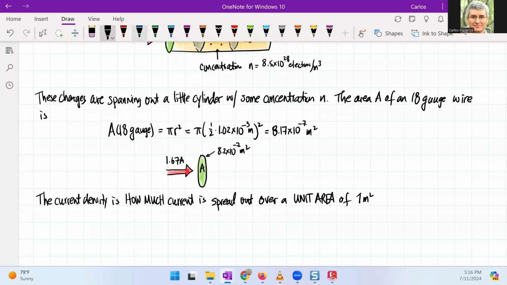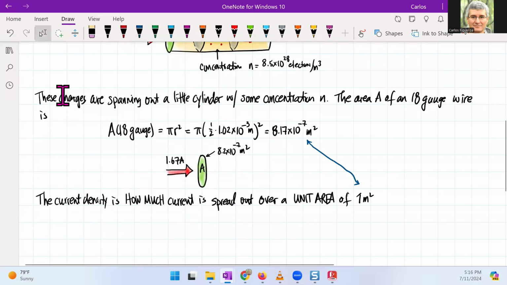So if you look at this and you make a comparison, that's roughly 10 million times, or 1,000,000 times bigger of an area that we're looking at the current.